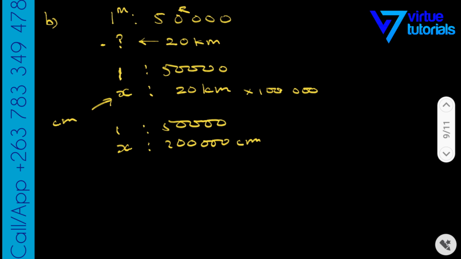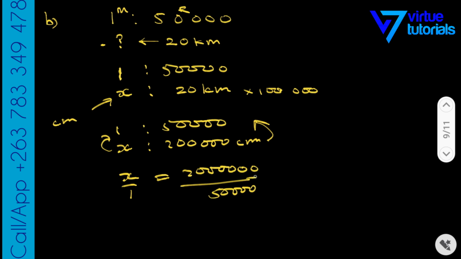So I simply reciprocate and divide. X over 1 is equal to 2 million divided by 50,000, and then I get X is equal to 4, so 4 centimeters.